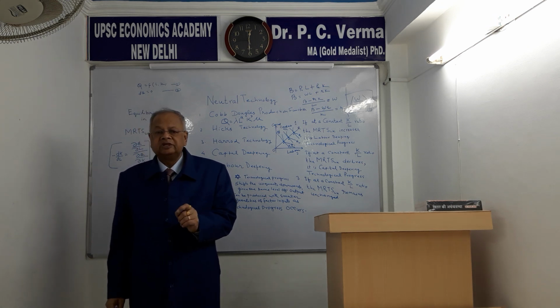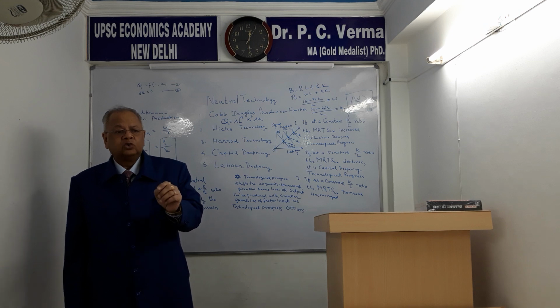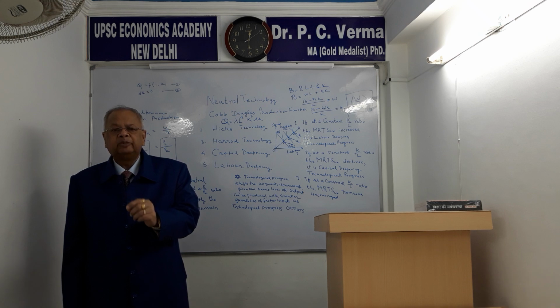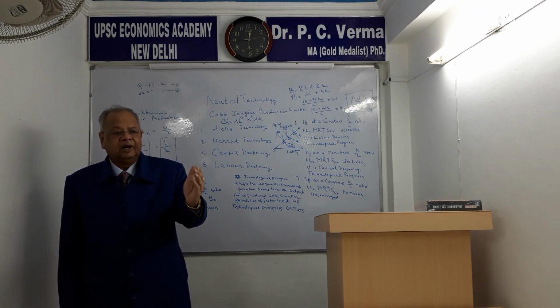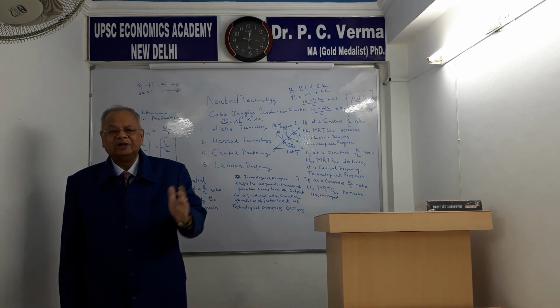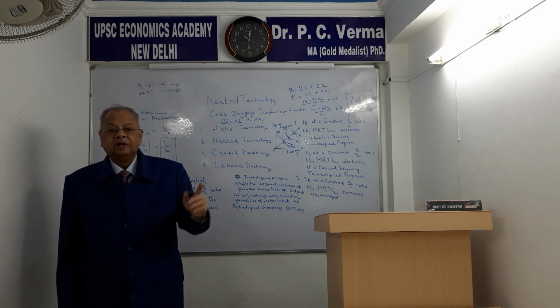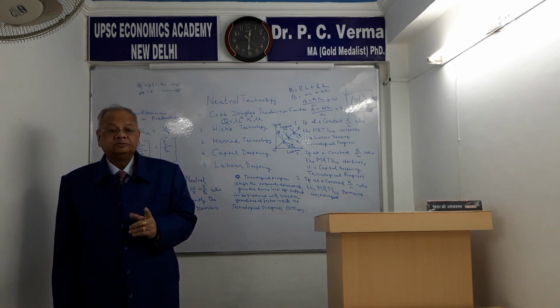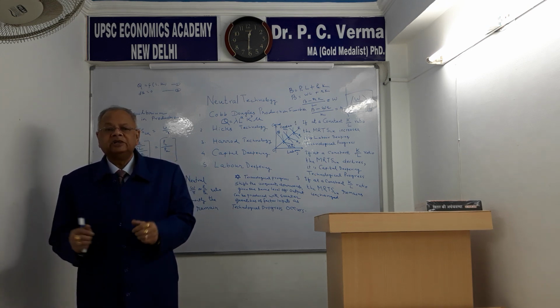This is a necessary condition in the Cobb-Douglas production function on the isoquant. On the isoquant, A equals B equals C, because A represents 100 kg, B represents 100 kg, C represents 100 kg. No matter, labor increases, capital decreases, capital decreases, labor increases, but output will be the same. Therefore, it is known as isoquant. Iso means equal, quant means quantity.